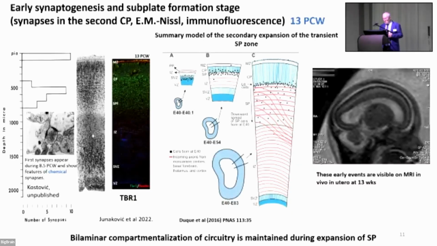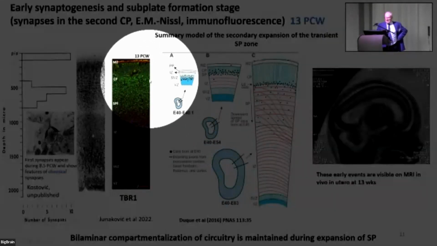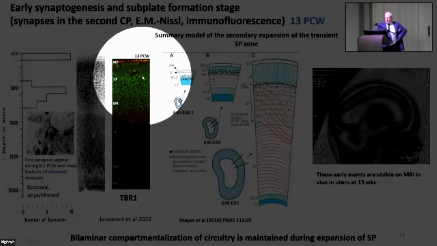I will come to you later, but now it's one event which you don't see in the rodent, and it's modest in carnivora, but it's really the most developed in human and monkey. And this is that the deep part of cortical plate simply enlarges, expands.